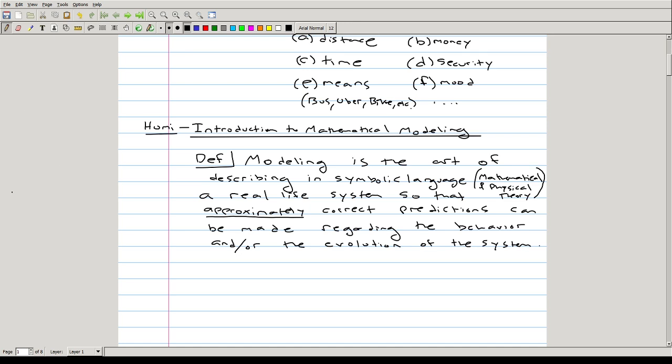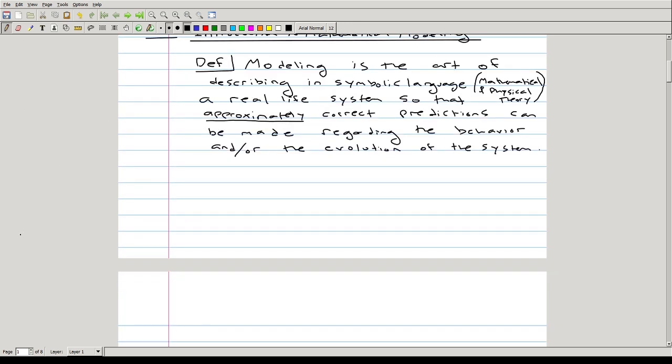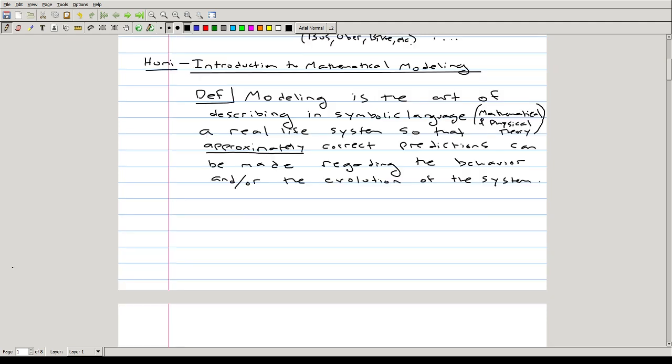And there are a number of different takeaways here that we want to make from this definition. The main ones being that modeling is an art.